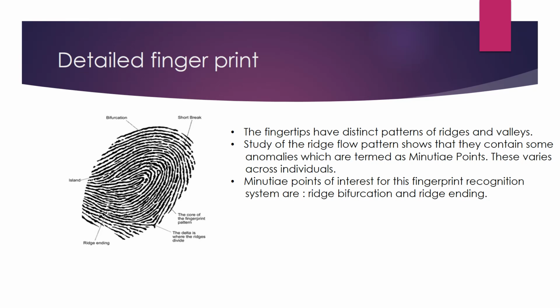The other kinds of minutiae points are independent ridge, ridge dot or island, lake, spur, and crossover. The various kinds of minutiae patterns are shown in this figure. But in this project, we are mainly concerned with the ridge ending and the ridge bifurcation points.